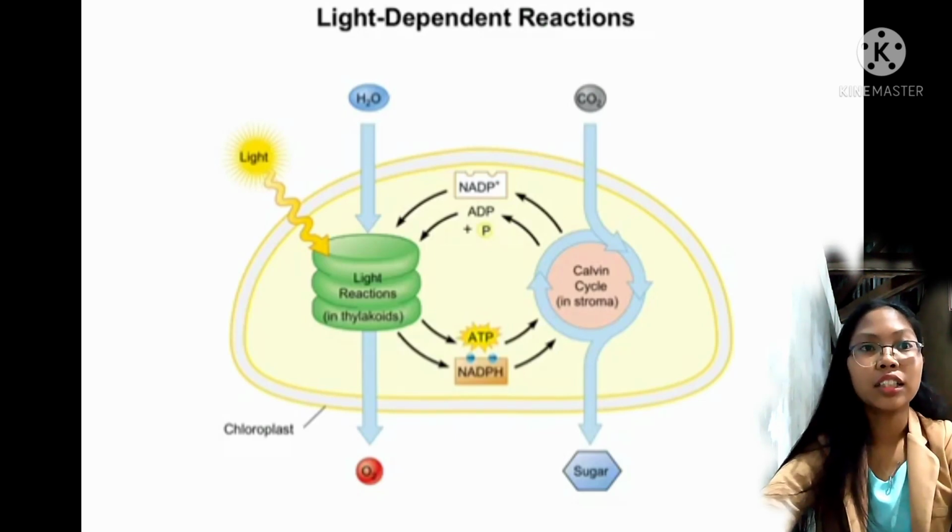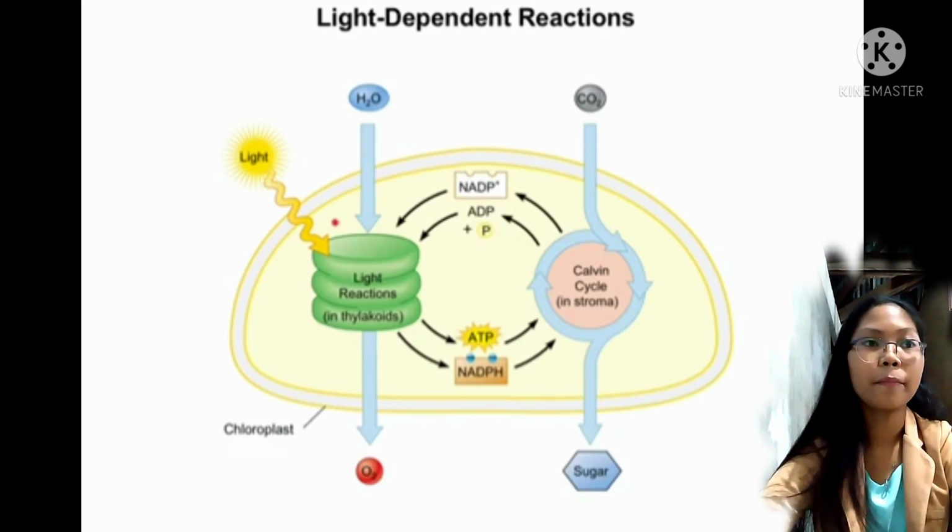NADPH acts as a reducing agent, and ATP is consumed during the carbon dioxide fixation in the dark reactions. The light-independent reactions use ATP and NADPH from the light-dependent reactions to produce high-energy carbohydrates.